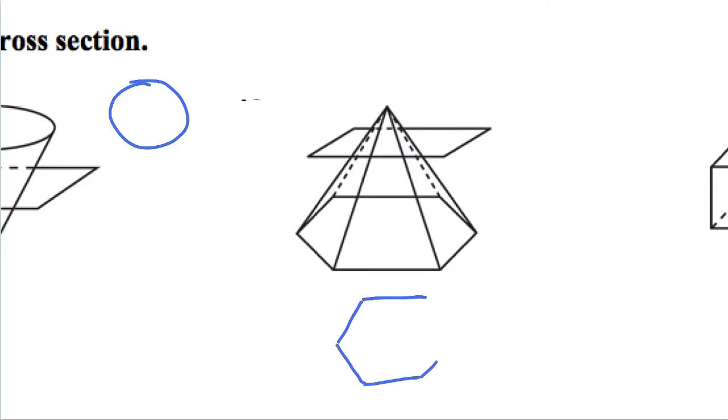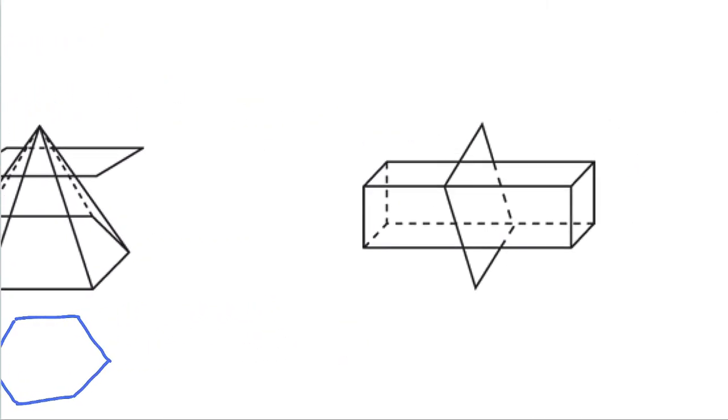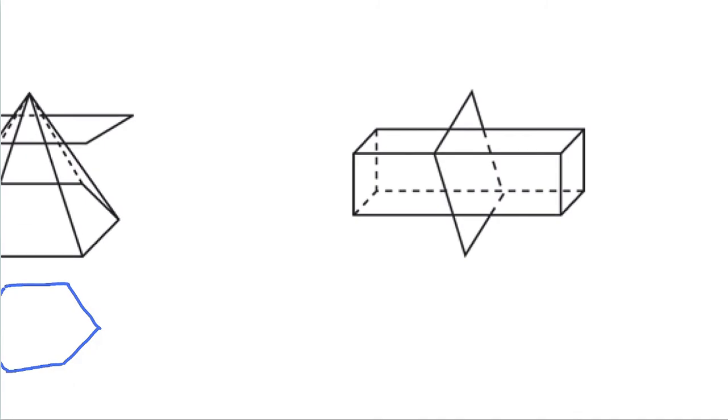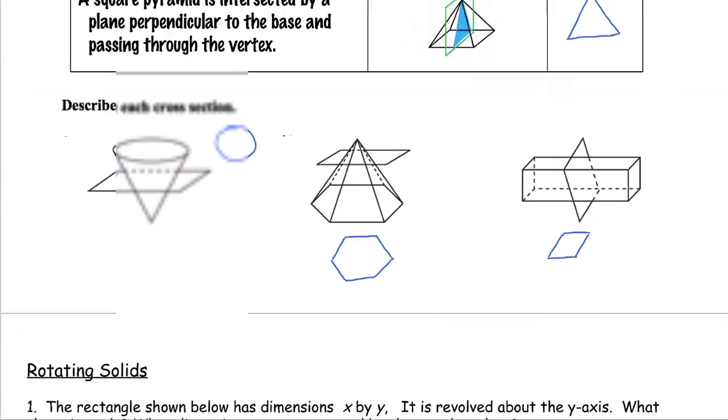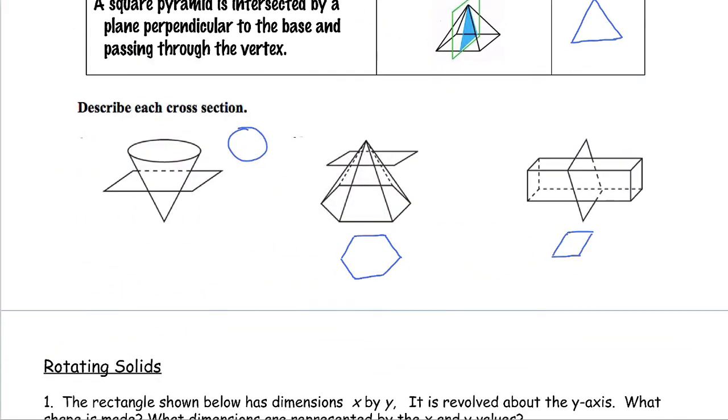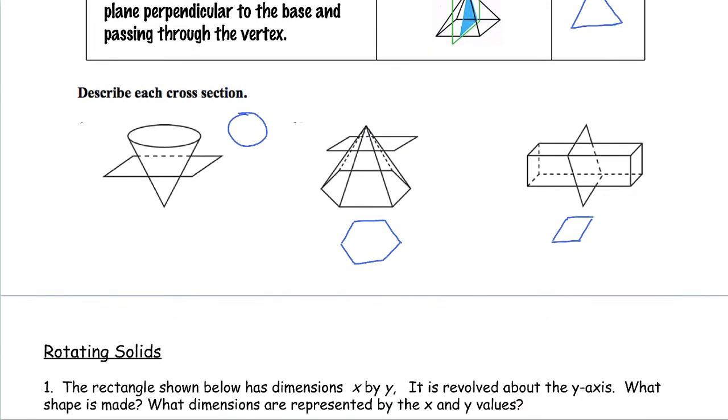The size will vary depending on where you slice it, but you will end up with the same shape as the base. And here, you'll notice that we're slicing this at a little bit of an angle, so what you'll end up with is a parallelogram when you cut that apart and stamp it down. Not a whole lot, just kind of gets you thinking outside the box a little bit.